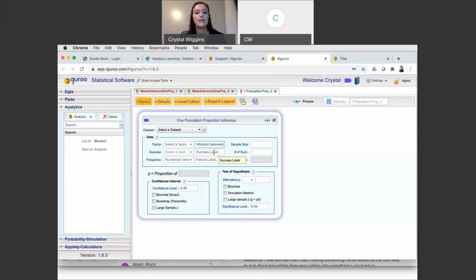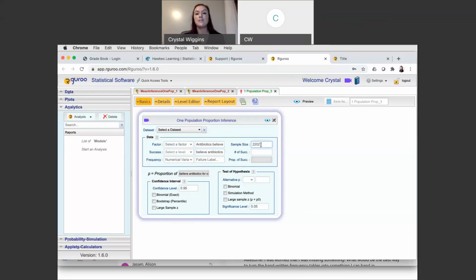Success is those who, according to the proportion, believe antibiotics work for viruses. So believe antibiotics for viruses. My sample size was 2,202, way bigger than 30. Not that 30 is even a magical number for proportions, because it's not.